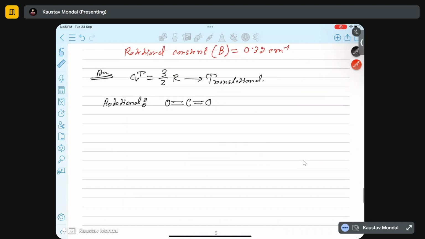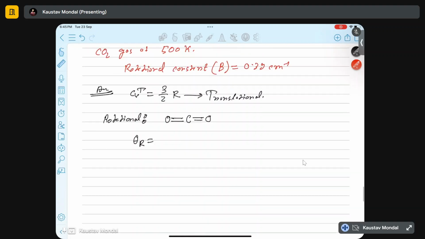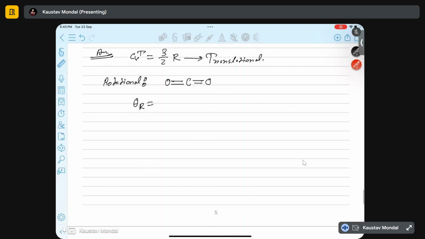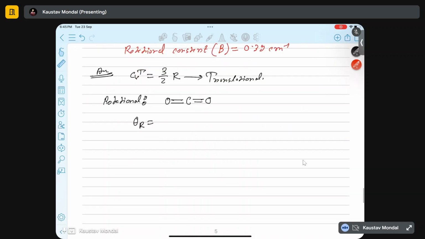Also we have to calculate theta, because in order to use the formula, you have to make sure the temperature of the experiment is greater than the characteristic rotational temperature. Theta r you can calculate using hcB by k. B is already given as 0.39 centimeter inverse.